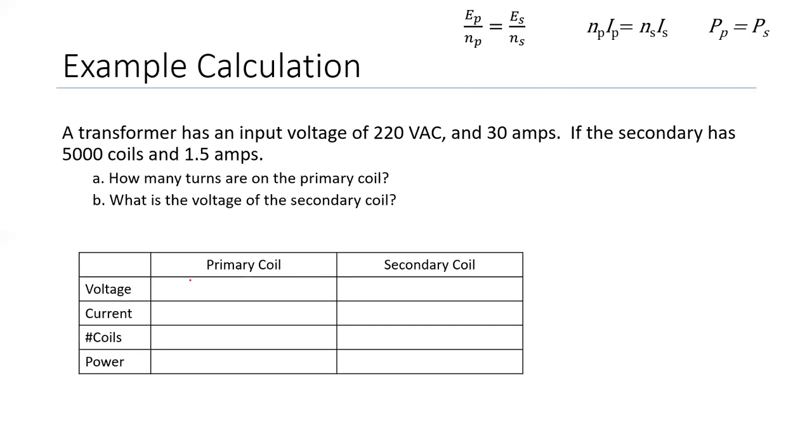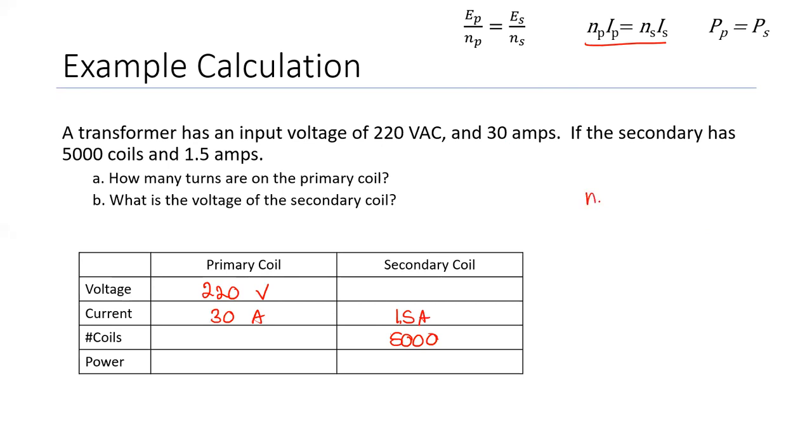So we have an input voltage this time of 220, 30 amps of current. The secondary has 5,000 coils and 1.5 amps. I want to know how many coils are on the primary. So we're going to use this formula.